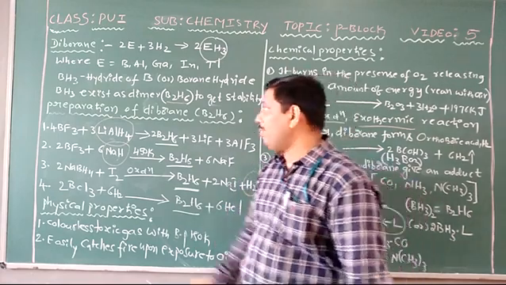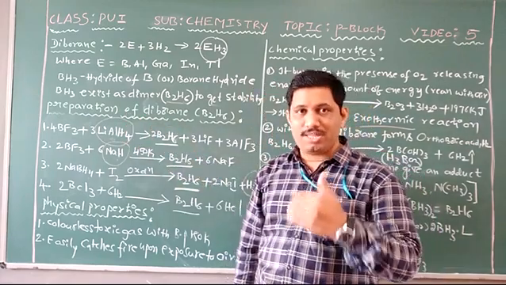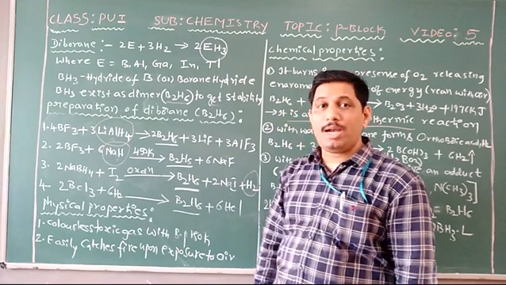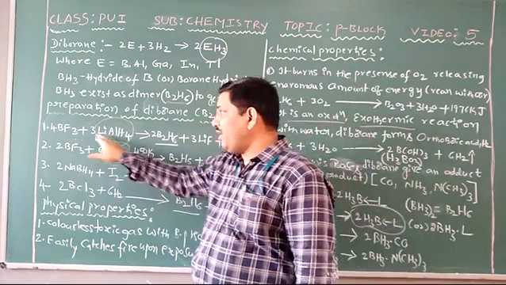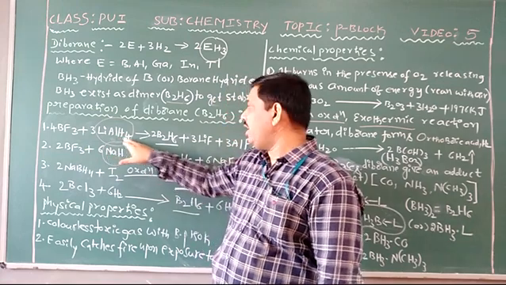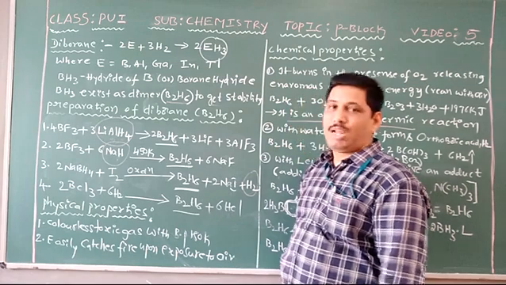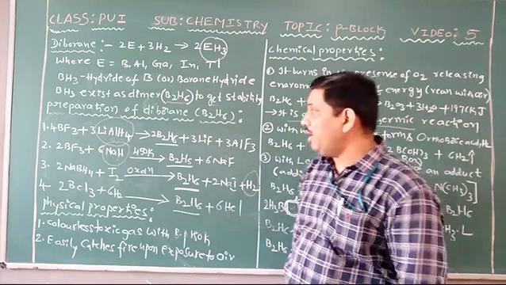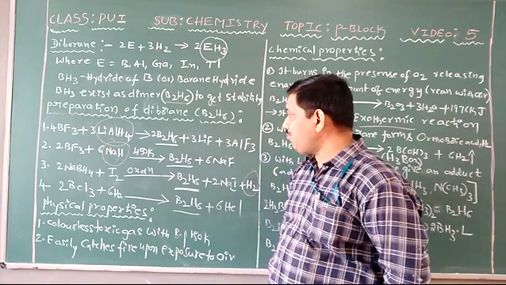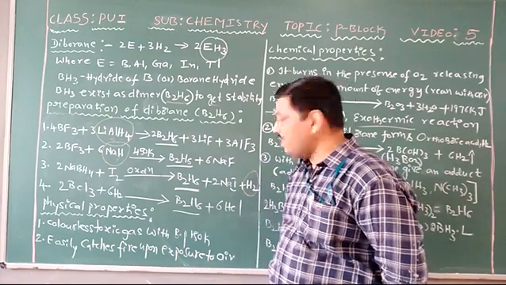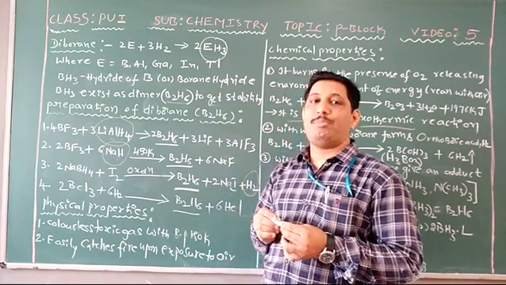Okay, students. Preparations of diborane. There are four methods. We are discussing them one by one and step by step. When boron trifluoride reacts with lithium aluminium hydride, it forms diborane plus lithium fluoride plus aluminium fluoride.